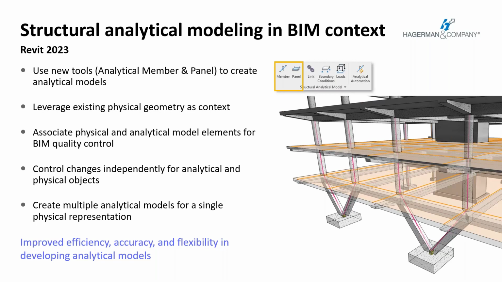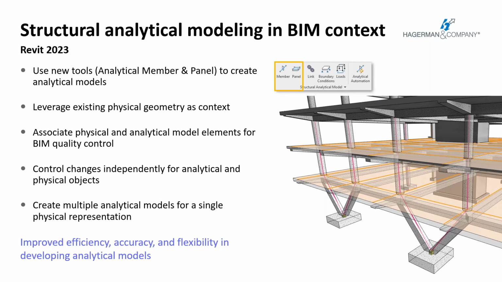As before, you can leverage existing physical geometry in 2D and 3D views as context for the analytical model. The analytical model remains associated to the physical geometry, but is now independent, providing you with the benefits of speed and accuracy in model creation while protecting the analytical model from unexpected changes.